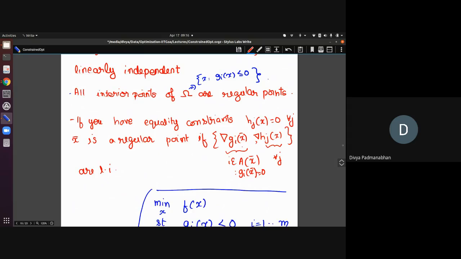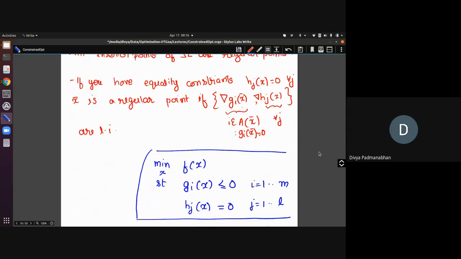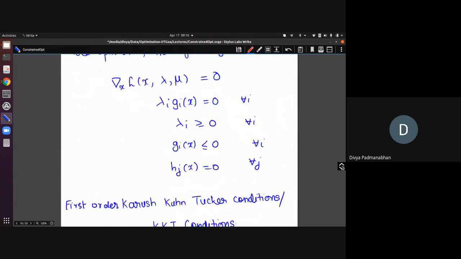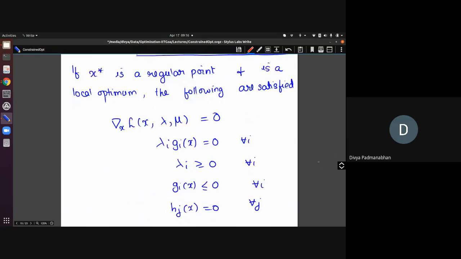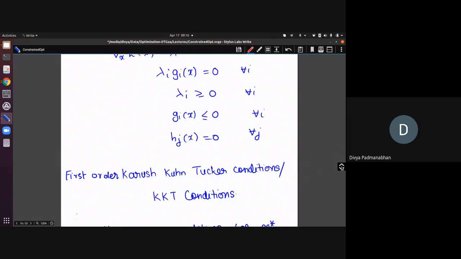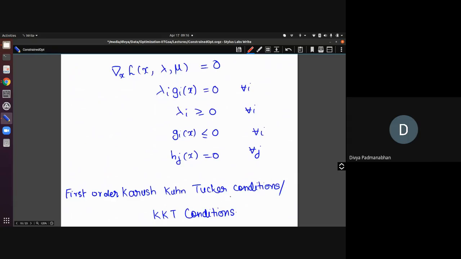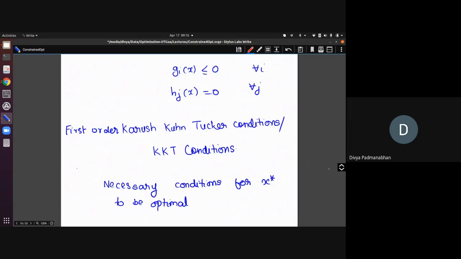We will not go into the proof, but I'll later show you some examples of what breaks down when you don't have regularity. I hope these conditions are clear. This is actually called the first order KKT conditions, and these are necessary conditions for x star to be optimal when x star is a regular point.